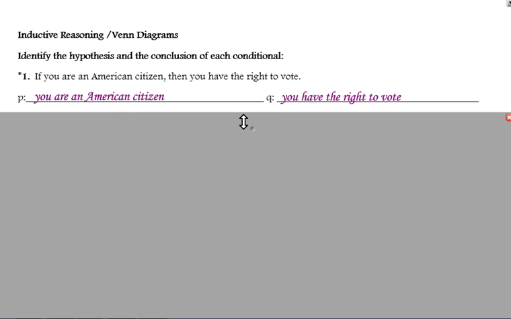I just want to make sure that you remember that your hypothesis is represented by the letter P, and it does not include the word if. So don't write if in front of your hypothesis. And the conclusion is represented by the letter Q, and you do not write the word then in front of your conclusion.